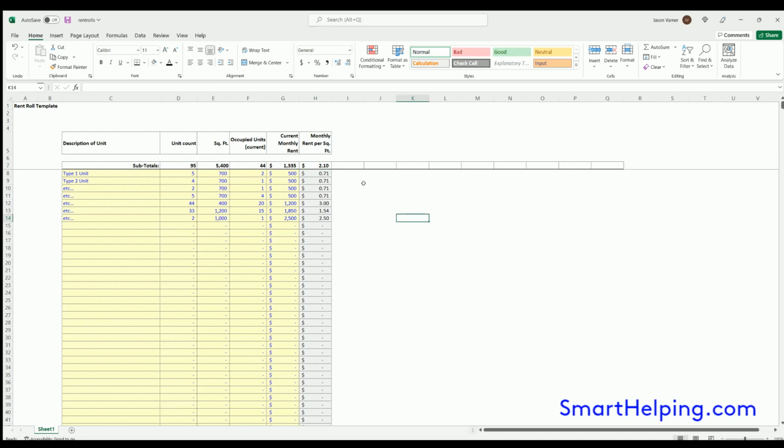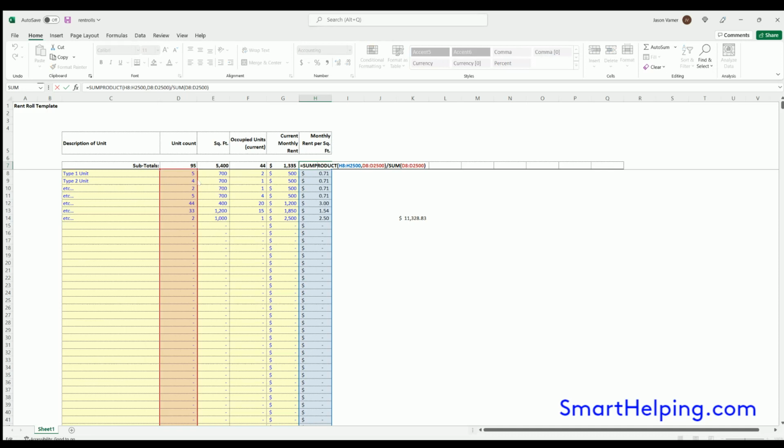So in theory, if I multiply $2.10 times the total square feet, I get 11,328. Now, hold on, does that make sense? No. I believe the square foot should be the correct denominator. So $1.40.